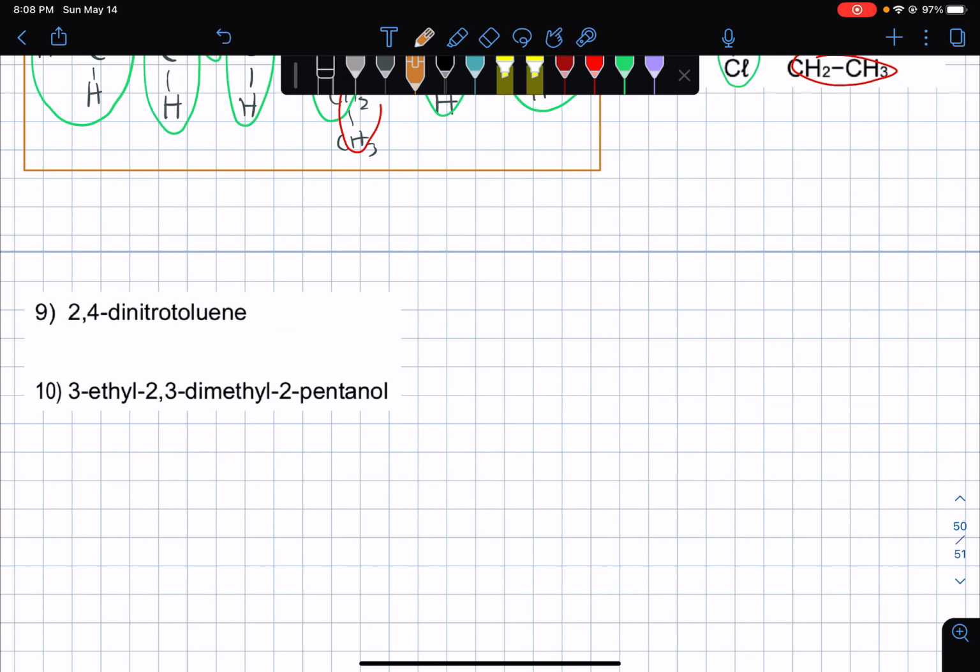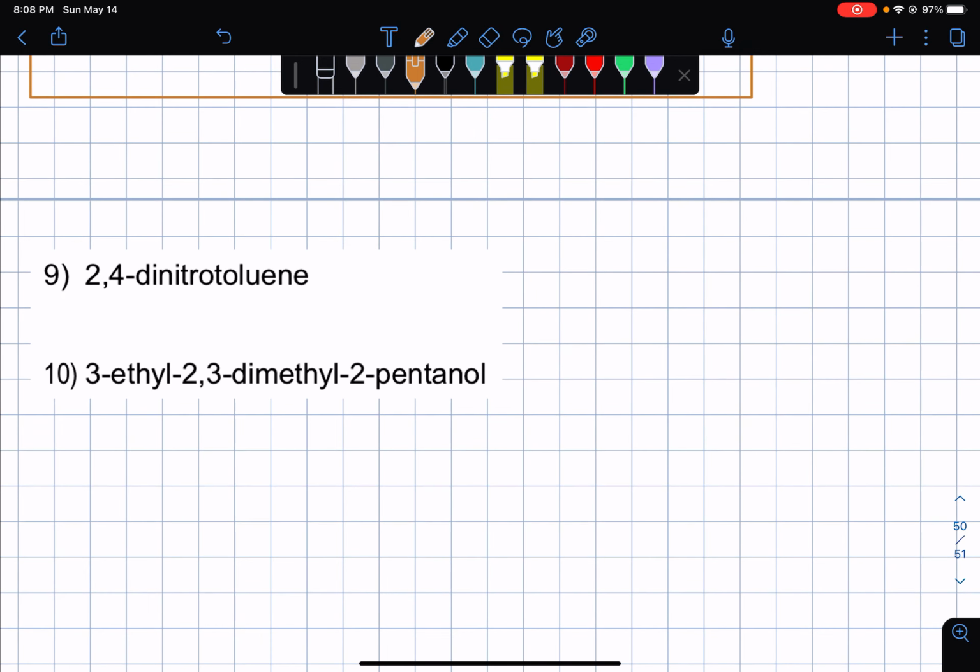So let's start with number 9. For number 9, we have dinitrotoluene. I'm not exactly sure how to name it, because the teacher never taught this.